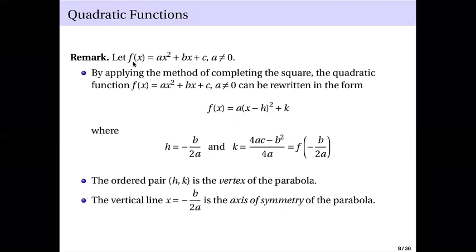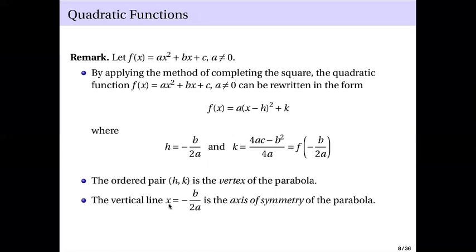And therefore, f of x equals ax squared plus bx plus c can be rewritten as f of x equals a times x minus h squared plus k. That ordered pair h comma k is the vertex.